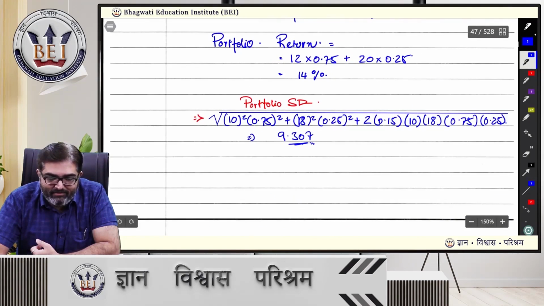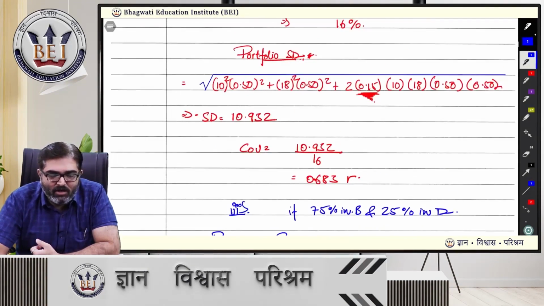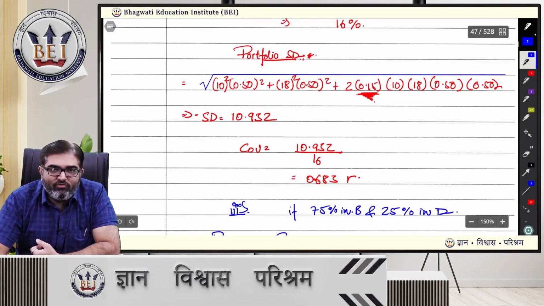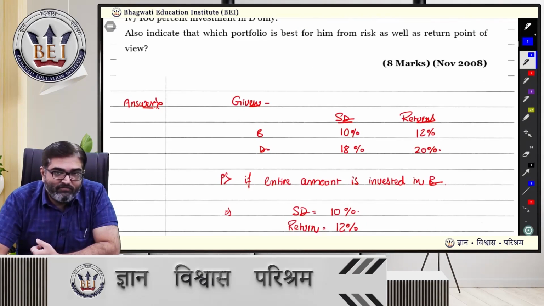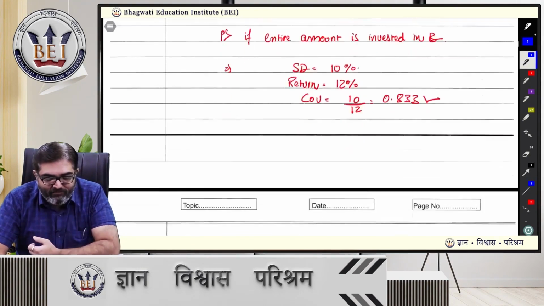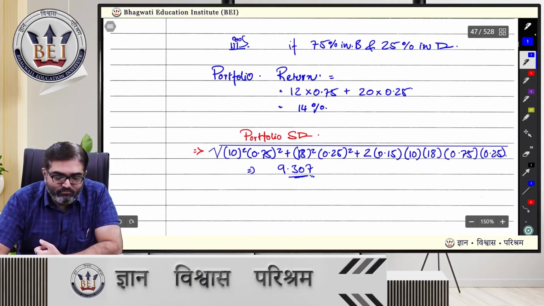Here, it's 75% of B and 25% of D, so the standard deviation has come marginally down. Best it would have been if the coefficient of correlation was in a negative territory, then the risk would have reduced substantially, right? ये हो गया ठीक है.